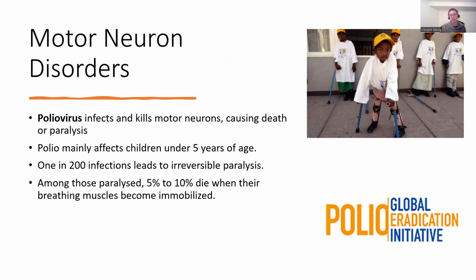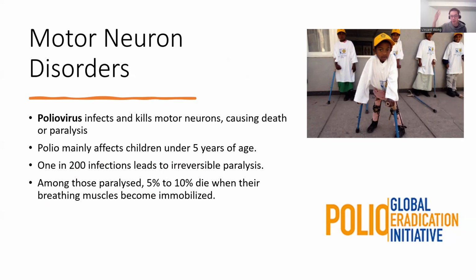And the thing about muscle is if they don't get stimulated regularly, they shrink and then they die off, right? Atrophy. So polio mainly affects children under 5 years of age. 1 in 200 infections lead to irreversible paralysis. And for those who are paralyzed by the virus, 5 to 10% die when the breathing muscle becomes immobilized.